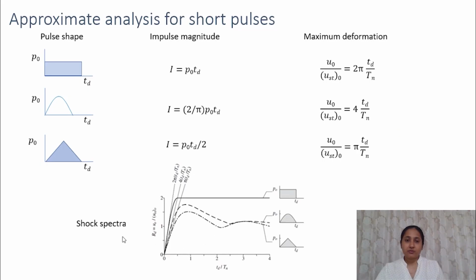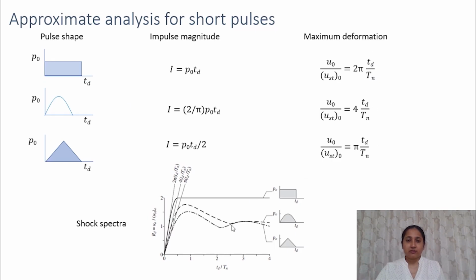This figure shows the shock spectra for these three different pulses. As you can see here, if the Td by Tn values are less than half, then the shock spectra can be approximated as a straight line, and that equation will be approximated as these three expressions.